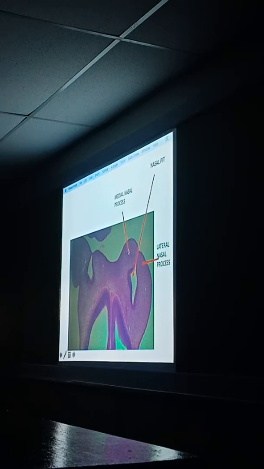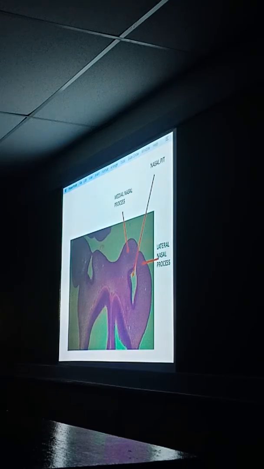For the medial nasal process and the lateral nasal processes, let's start with the medial nasal processes. What is the fate, or actually the fate or fates, structures. These are the following fates of the medial nasal processes. You have your middle part of the nose, that is your nasal septum.